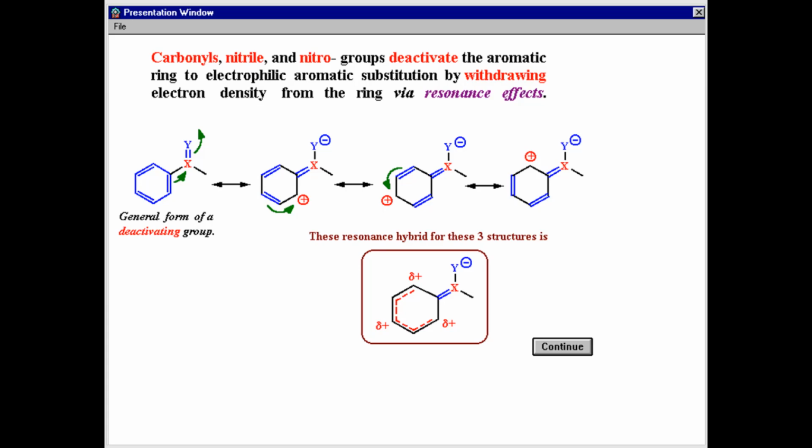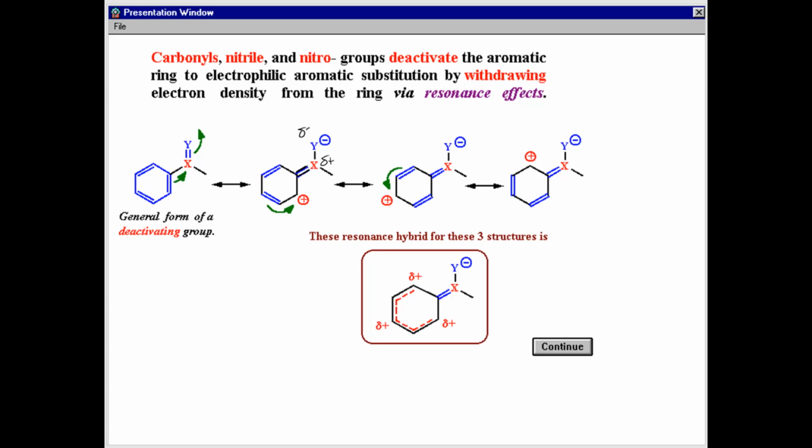Basically, I could take the carbon-carbon double bond in the ring and use it to form a double bond to the carbon, or the nitrogen, but then I've got to move this pair of electrons and give it to the Y group. And what's important here is the fact that the Y group is delta minus and the X is delta plus, so the Y group already has an electronegativity reason to get a negative charge. So this is not violating the electronegativity of the Y group.